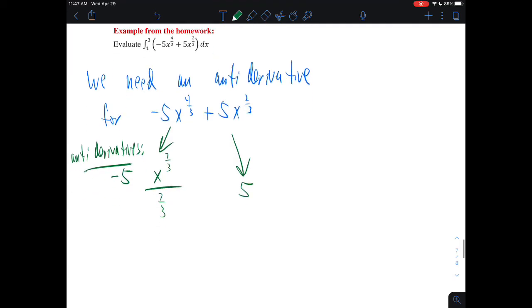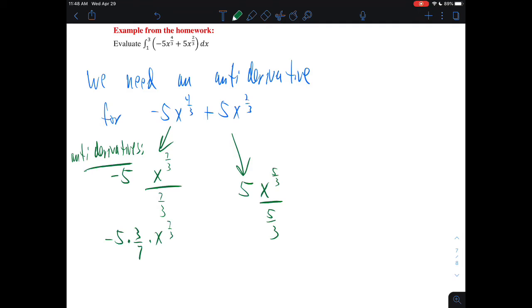And then again, I'm increasing my power by 1. So x^(2/3) becomes x^(2/3 + 3/3), which is x^(5/3). And then I have to divide by the new power again. So then simplifying the constants that I have, dividing by a fraction is the same thing as multiplying by the reciprocal. -5 times 3 over 7 times x^(7/3).